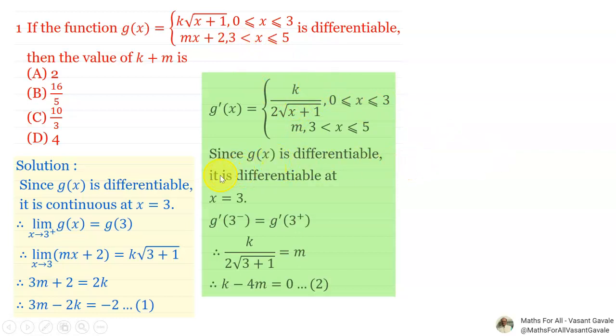Since g of x is differentiable, it is differentiable at x equals 3. Therefore g dash of minus 3 is equal to g dash of plus 3. For the minus 3 we consider this function k upon 2 root of x plus 3, x is replaced by 3, and the right hand side limit is equal to m. After simplification you will get k minus 4m is equal to 0.